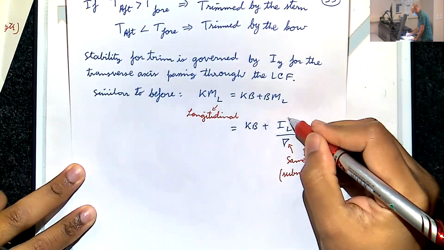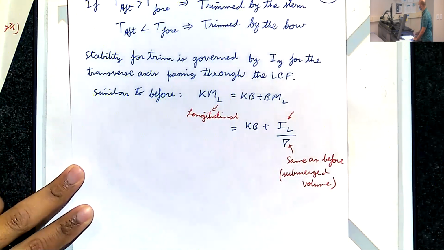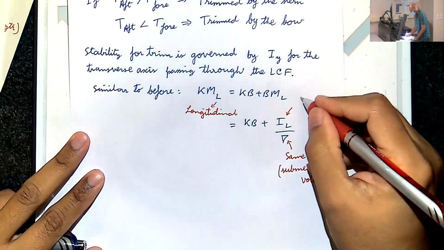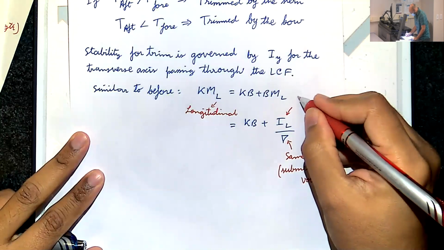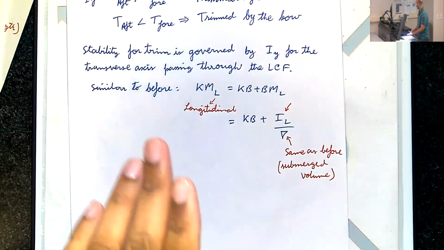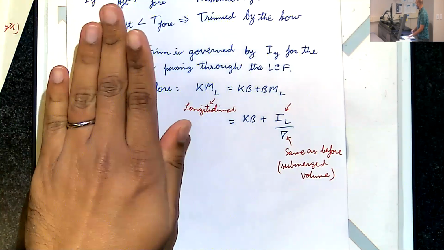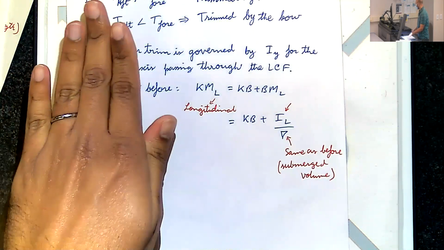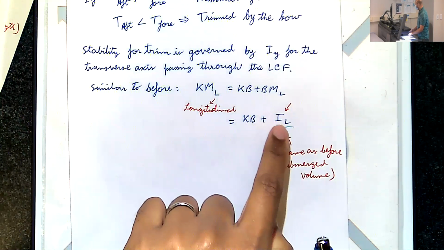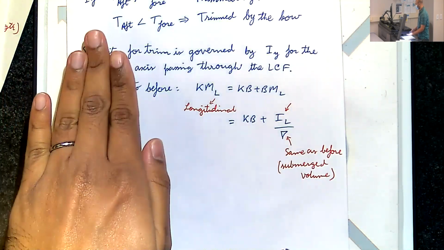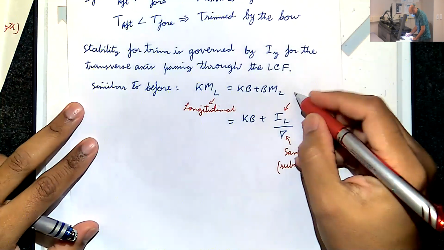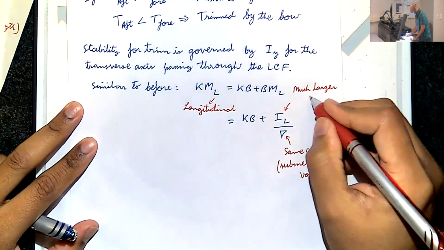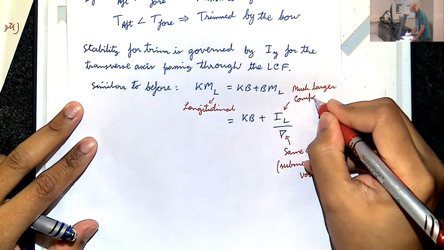And you can already see that when we roll about this, the moment of inertia is not as large as when we do this. So now this value will be much, much larger for this type of motion, the pitching motion. So this is much larger compared to roll stability.